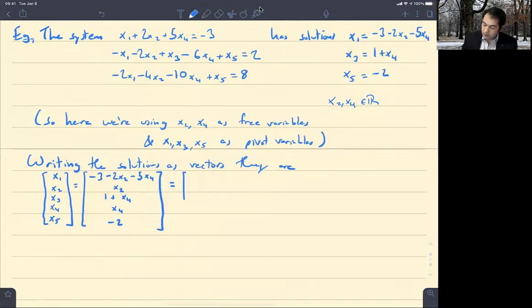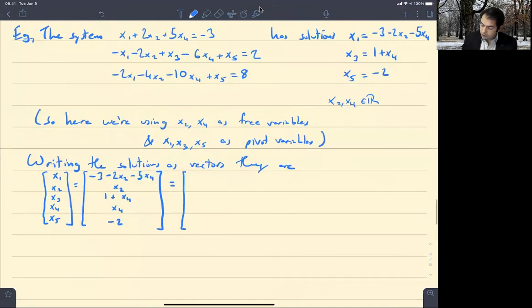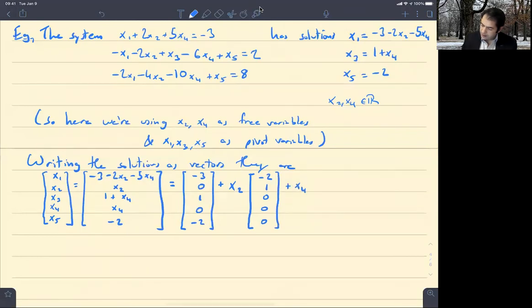Okay, so I'll do the same thing we did a moment ago. I'm going to first write a vector with all of the constants. So each variable will contribute a constant. Then I'm going to have multiples of each of the free variables. So x2 occurs here with a -2, here with a 1, and zeros everywhere else. And then x4 occurs here as a -5, 0, 1, 1, 0.